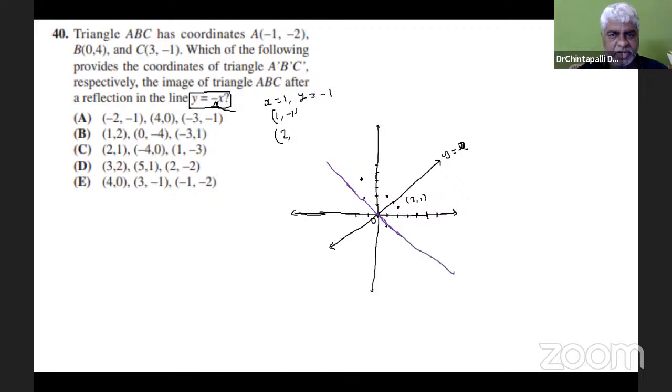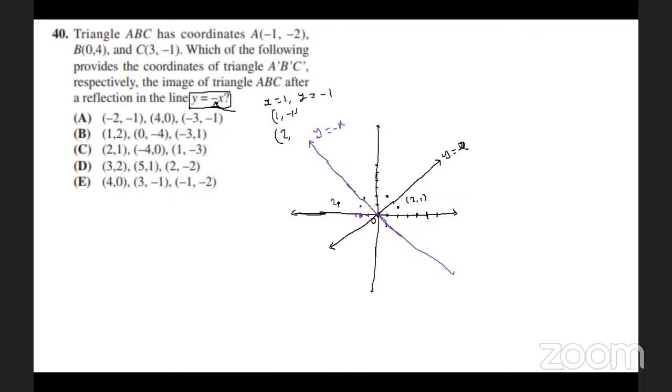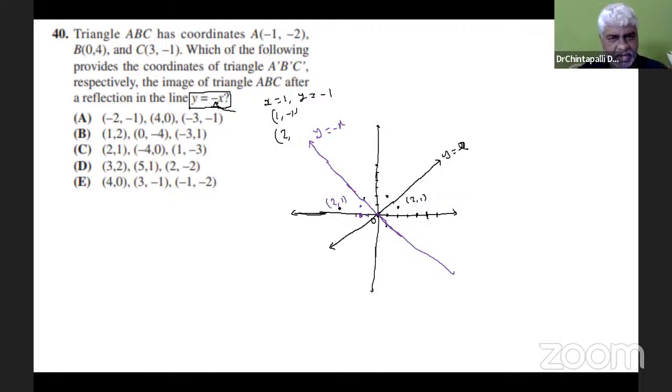Now think clearly. The equation of this line is y is equal to -x. Can you tell the image of, for example, 2, 1? Its image is -1, 2?